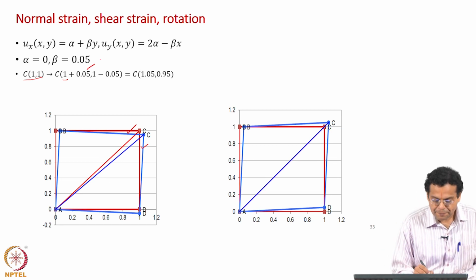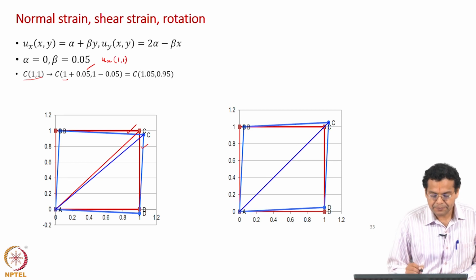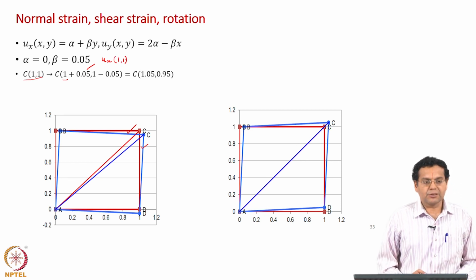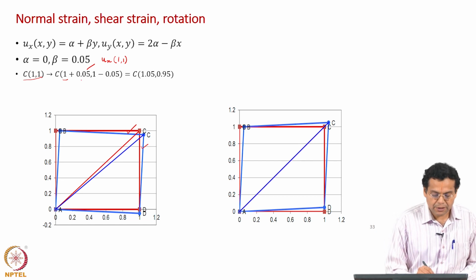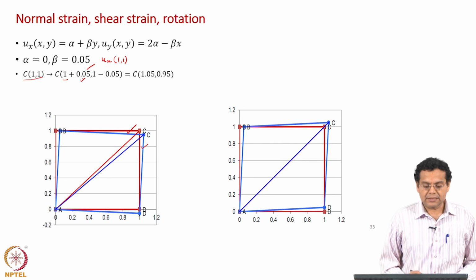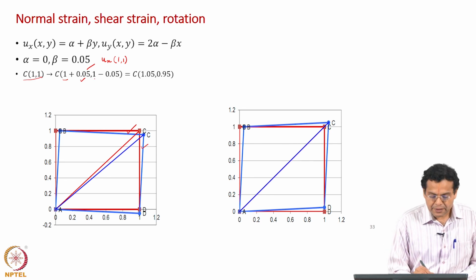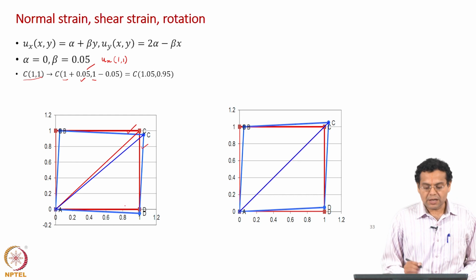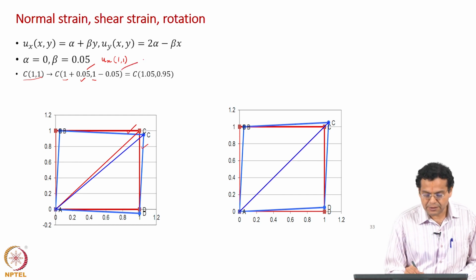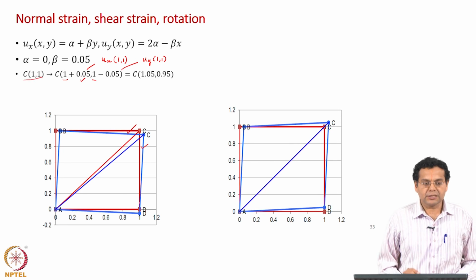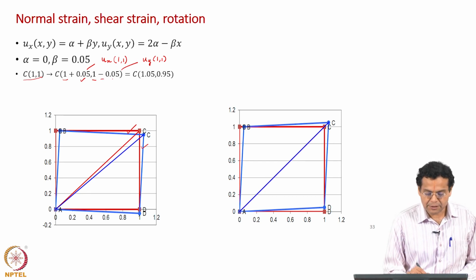So, this represents u x at 1 comma 1, and if you evaluate alpha as 0, beta as 0.05, multiplied by 1 gives you 0.05. Now, come to the y displacement. What is the y displacement? This represents u y at 1 comma 1, alpha 0. So, it is minus beta x, x is equal to 1, giving you minus beta, which is minus 0.05.